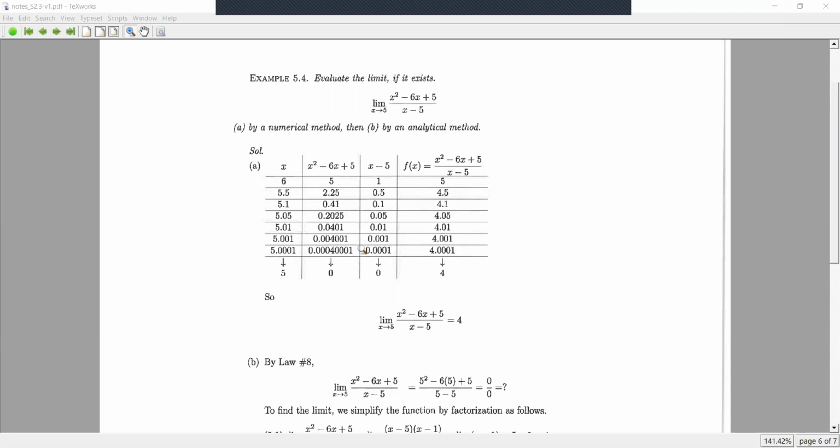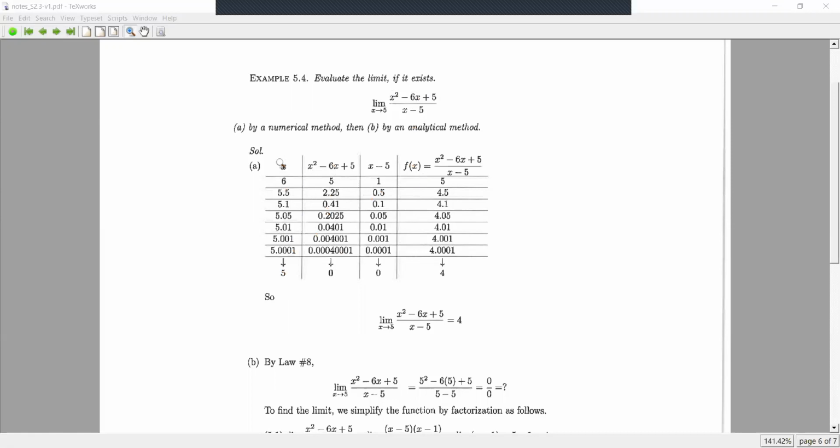Here is my solution to question A. In the solution, I make this table. The first column of the table is for the independent variable x. Second column for the numerator of the function. The third column for the denominator of the function. Then the last column is for the function.